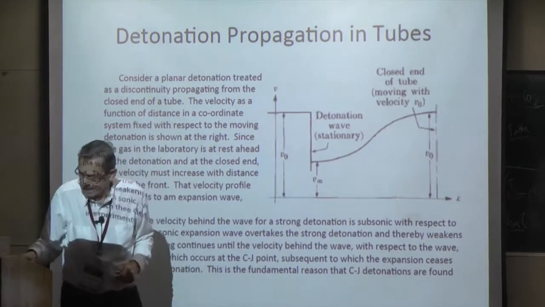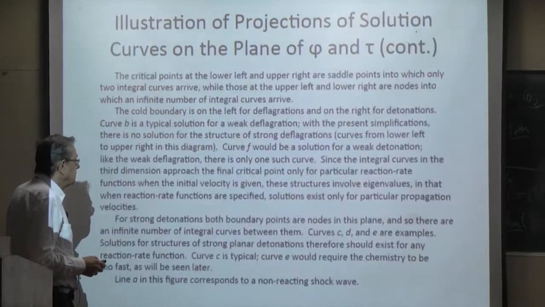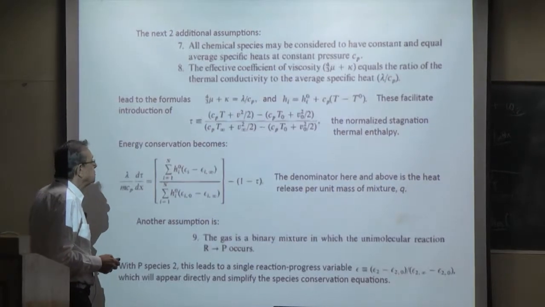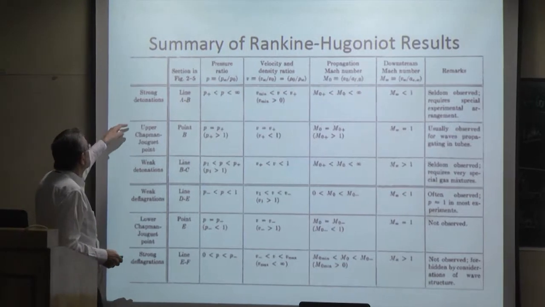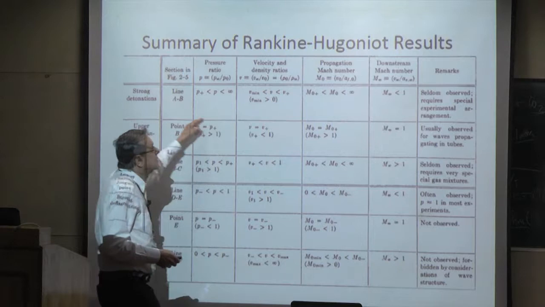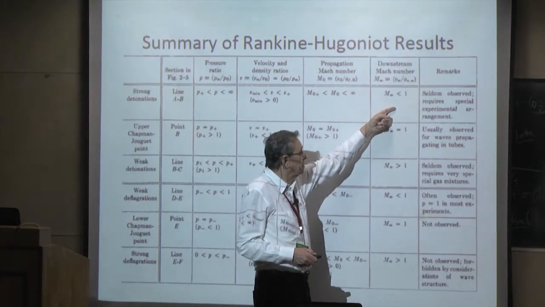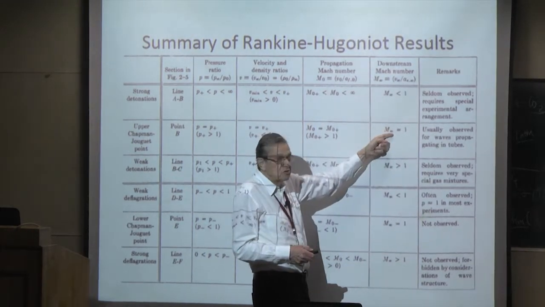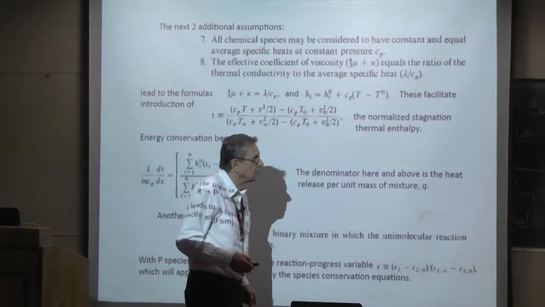One of the aspects that I forgot to mention about detonation structure is that for strong detonations, the Mach number at the end of the detonation is subsonic. For weak detonations, it's supersonic. For Chapman-Jouguet detonations, it's unity.